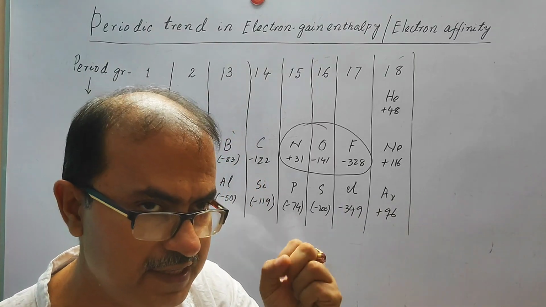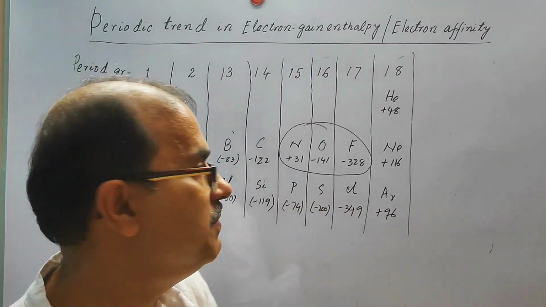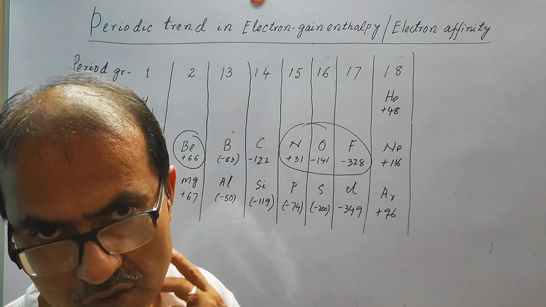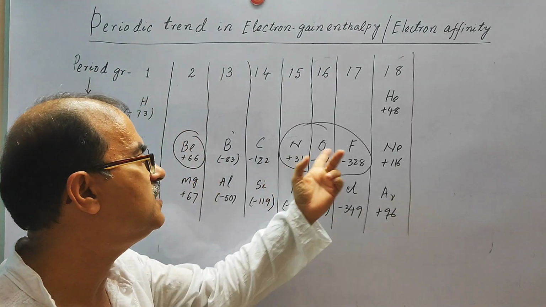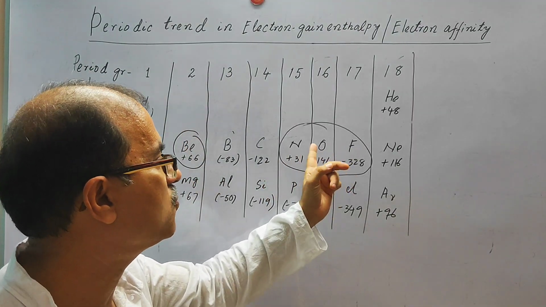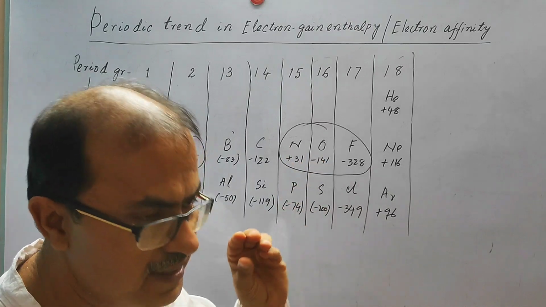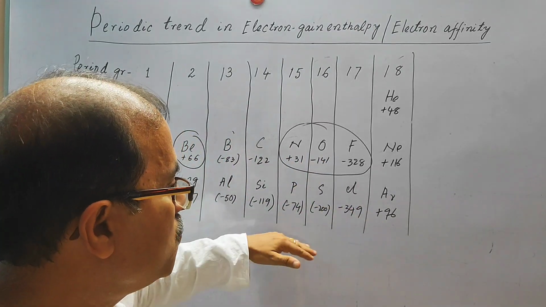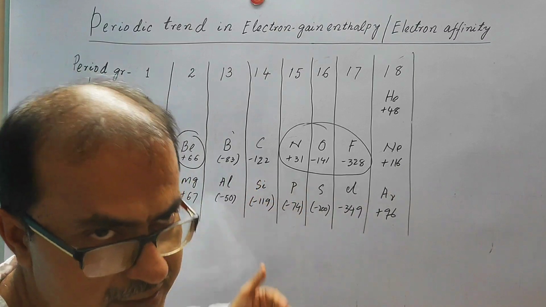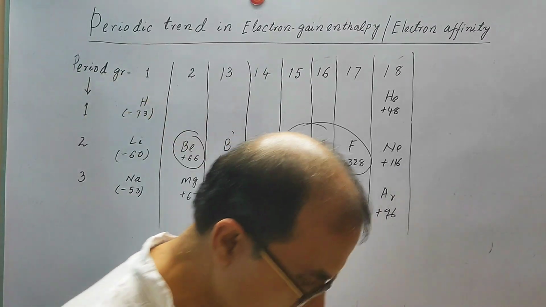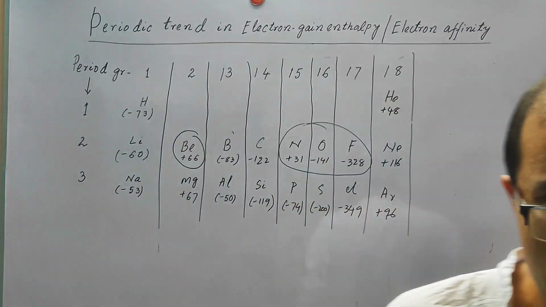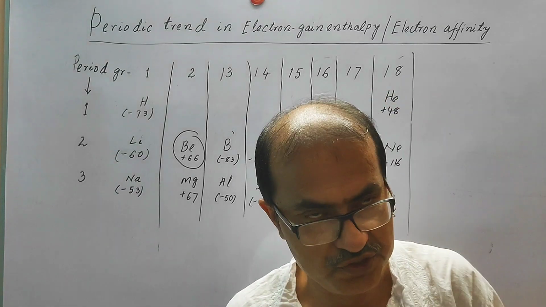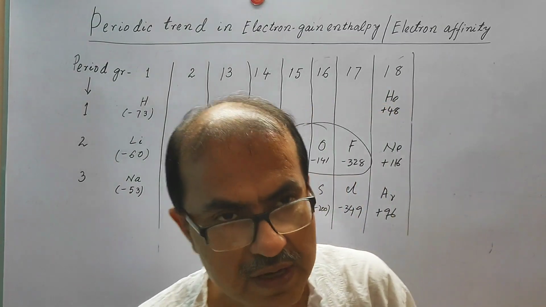Because of the very small diameter of these atoms, oxygen, fluorine and nitrogen have less diameter as compared to phosphorus, sulfur and chlorine. So it will have the higher negative electron gain enthalpy as compared with this. So this is the reason.